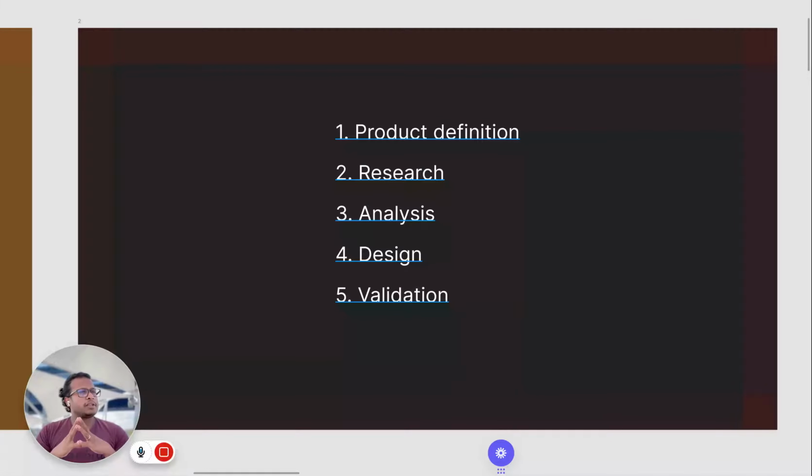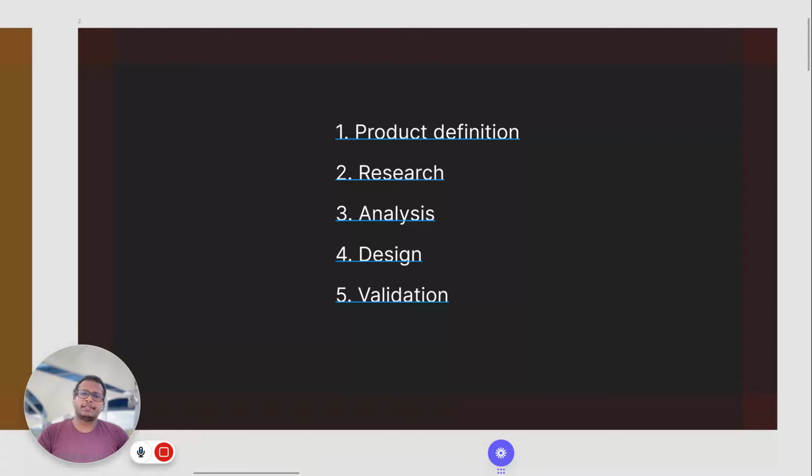Overall, in product definition, I would like to get information about the product from the stakeholders and team members. In research, I will do competitor analysis and interviews with the existing customers. If they don't have customers, I will try to reach people on LinkedIn and Facebook from the specific audience, those who are familiar with that type of product.